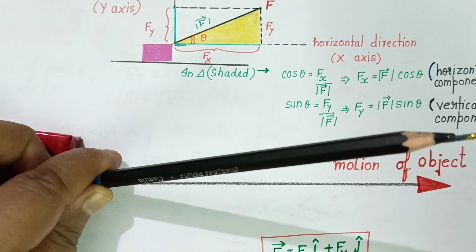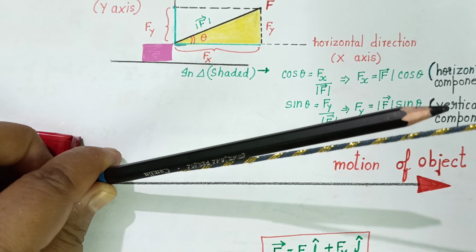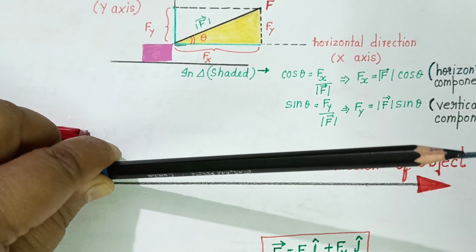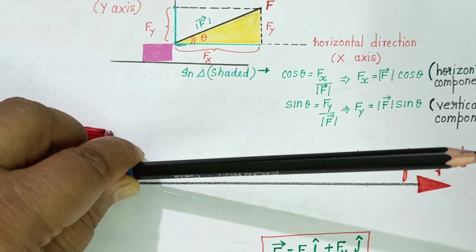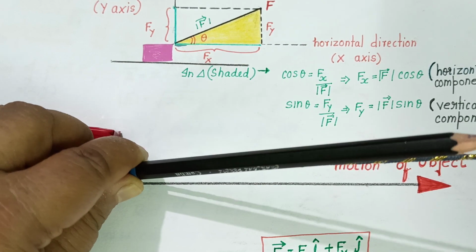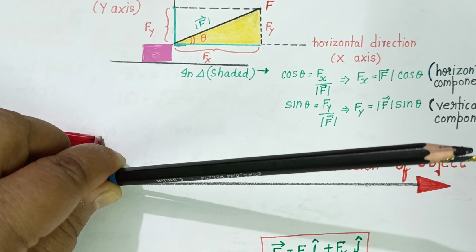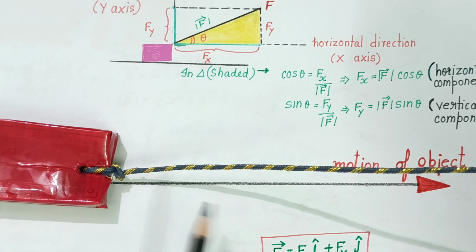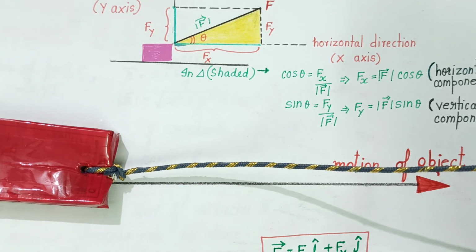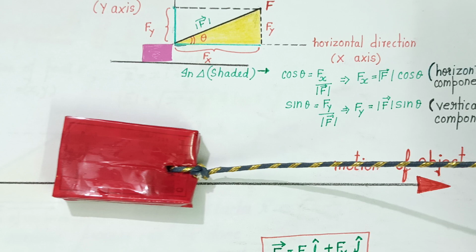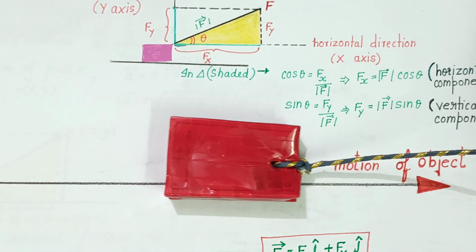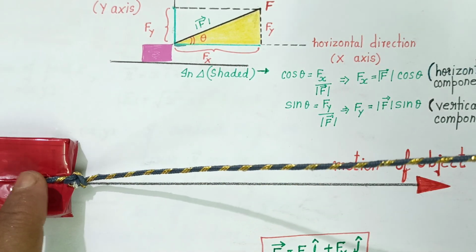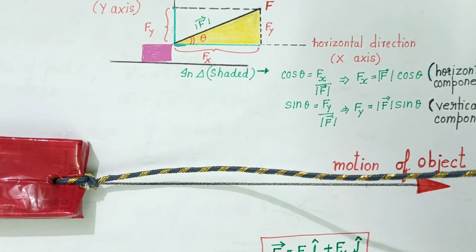Now this pencil is the force applied, but the object is moving in horizontal direction. So can I say that this force vector, represented by this pencil, has some effect in this direction also? That is why the matchbox is moving along the horizontal direction while my force is not along the horizontal direction. It is at some angle theta.